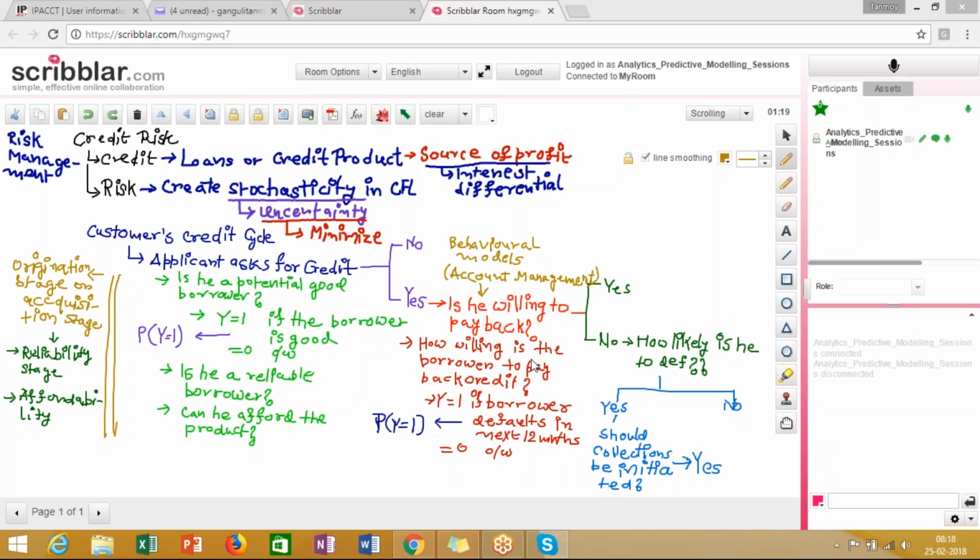However, at each of these stages we are trying to assess different characteristics of a borrower, and hence at each stage we are trying to manage the credit, the primary levels and the secondary levels of credit allocation across the behavior, across the borrowers, across the portfolio.